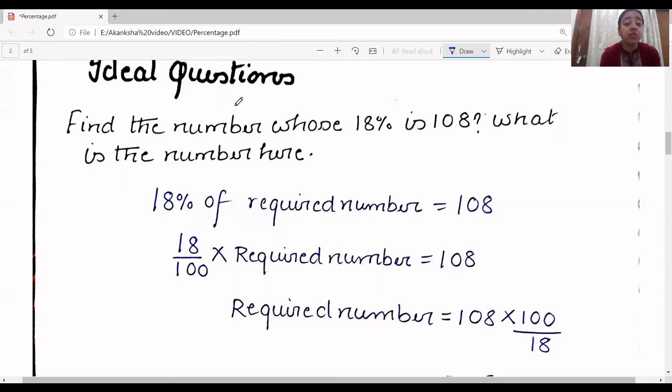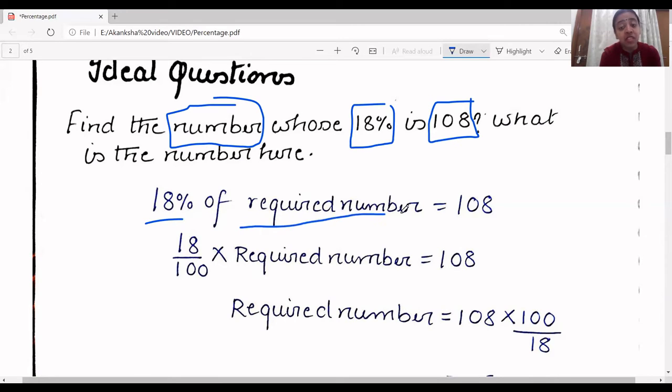So 18% of some required number is equal to 108. This is what the question is telling me. So 18% of a number is equal to 108, and I need to find out this number.